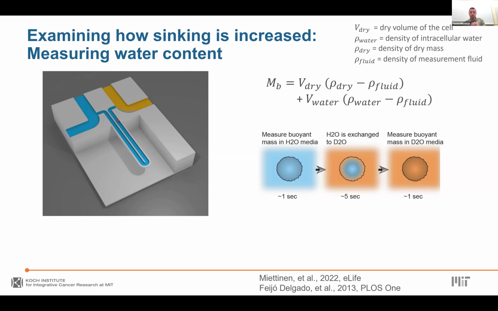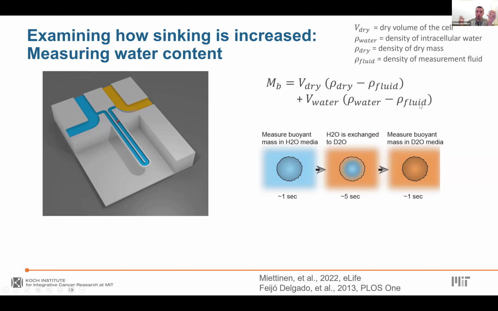And this allows us to really separate what the buoyant mass measurements are telling us. And the neat thing is that if you break down your buoyant mass equations so that you have this first term on top describing how the dry components of a cell influence your buoyant mass, and then you add to that how the water inside the cell is influencing your buoyant mass, then the water inside the cell has nearly the same density as the fluid outside the cell.